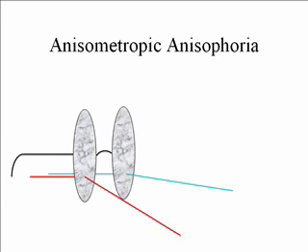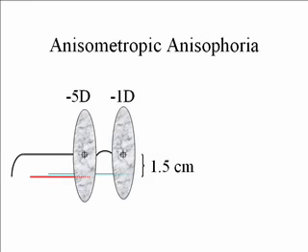Okay, let's apply this in a clinical context. The example that is typically given is this: you prescribe spectacles for a patient, and in this case the spectacles are -5 diopters in the right eye and -1 diopter in the left eye, and the patient comes in and he is intolerant to these spectacles.